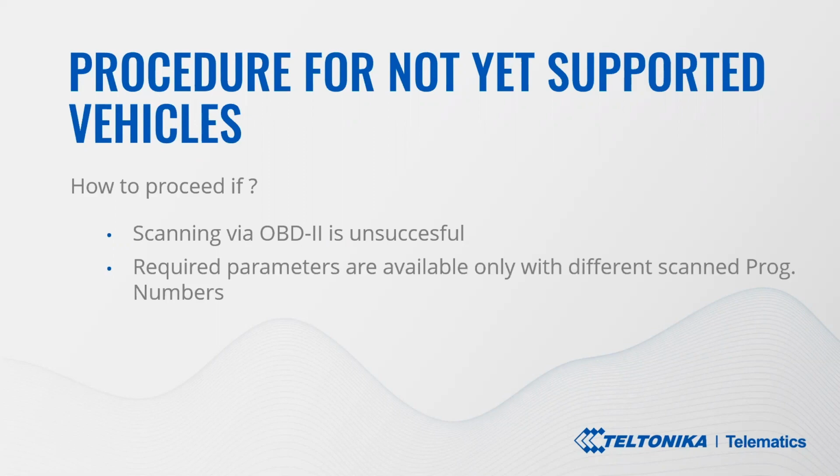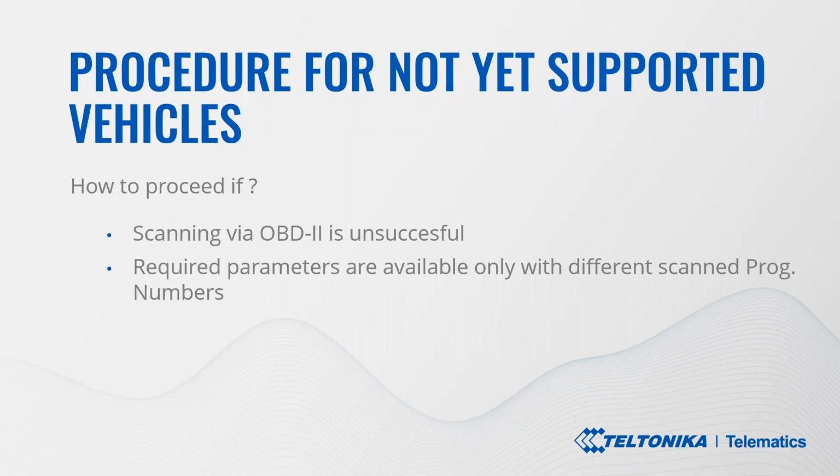If the required parameters are available only with different scanned program numbers, there are scenarios where some specific program number has a batch of parameters which are required, and another has the other parameters.